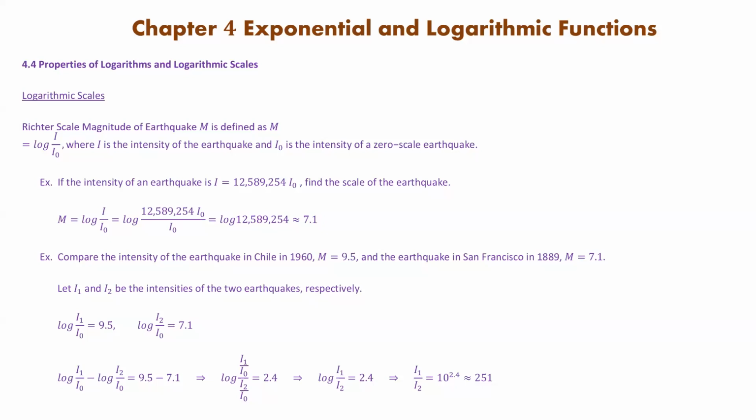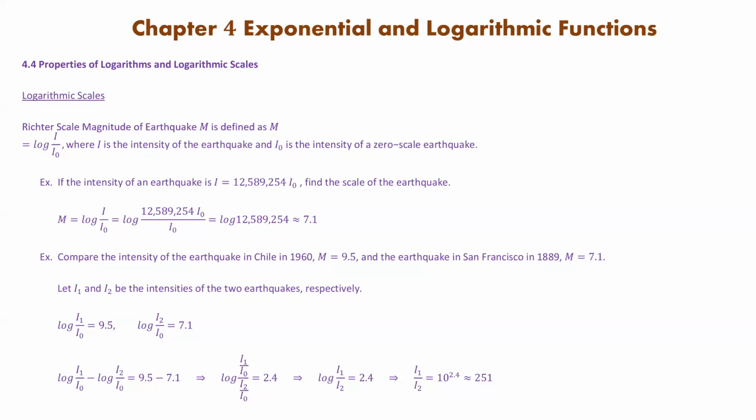If you take the difference of these two equations, left by left and right by right, we get log I1 over I0 minus log I2 over I0 equals 9.5 minus 7.1.